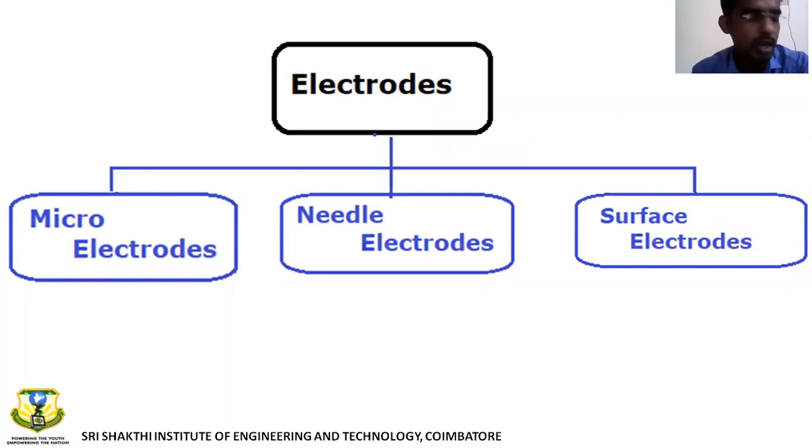It's very simple. They have been named according to their principle of working: micro, needle, and surface. This is what we are going to see. Every category has its subtypes. We will see one by one, and that's all for today.